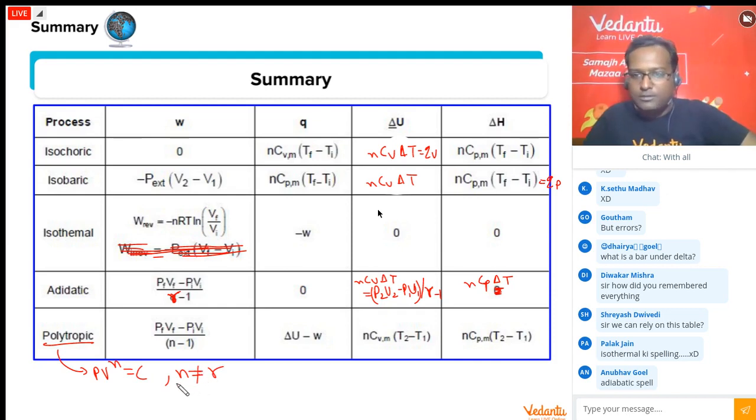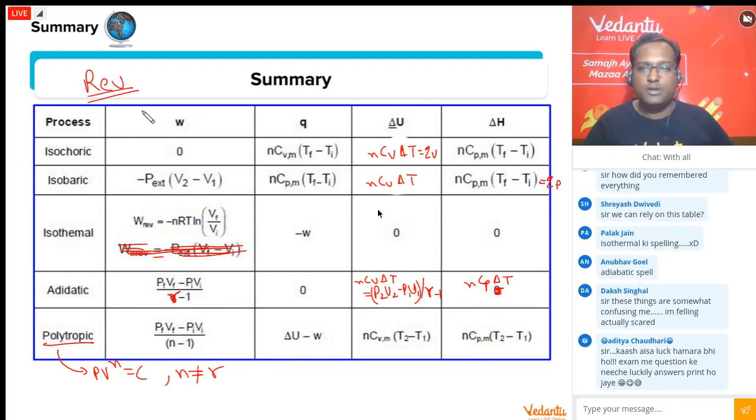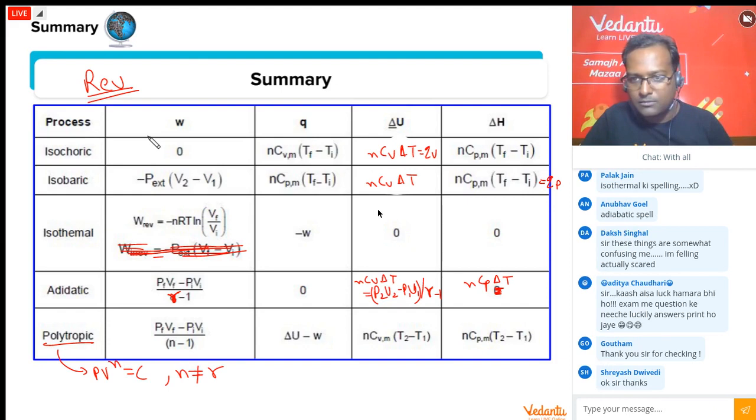हाँ बोलो. Yes, you can rely on this table. I have corrected it now, but this is valid for reversible processes only. Guys, see, table पूरा रटने का जरूरत नहीं है.